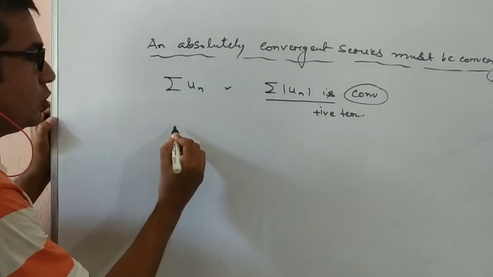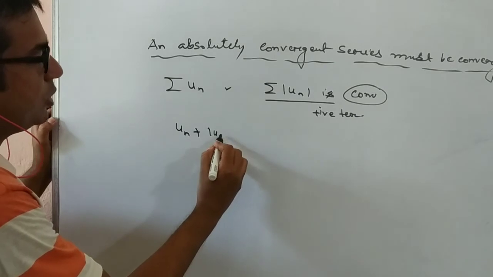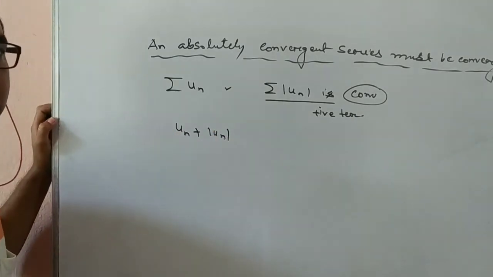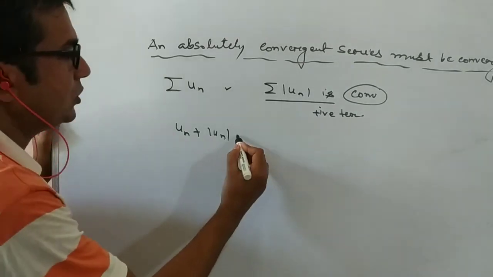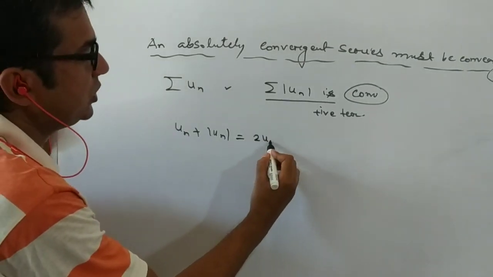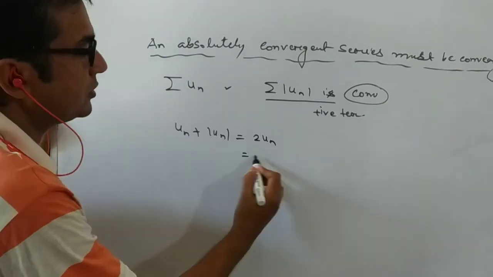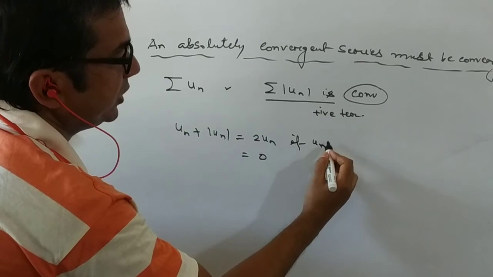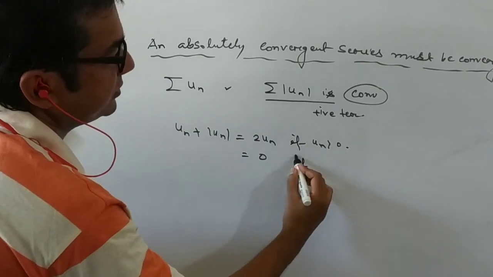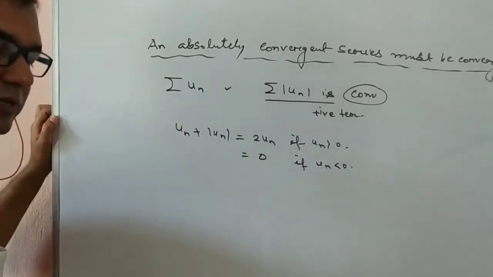Now we know that u_n plus mod u_n equals either 2 into u_n if u_n is greater than 0, or 0 if u_n is less than 0.